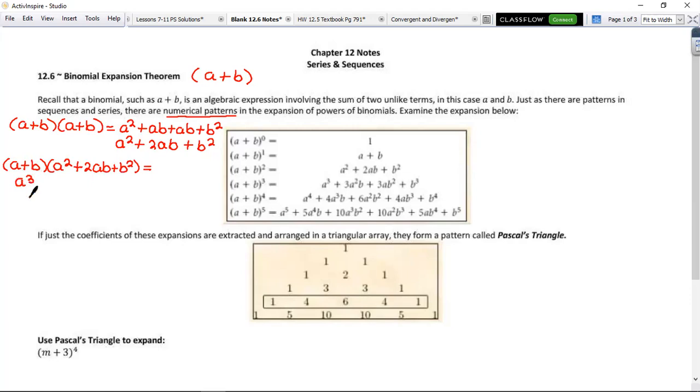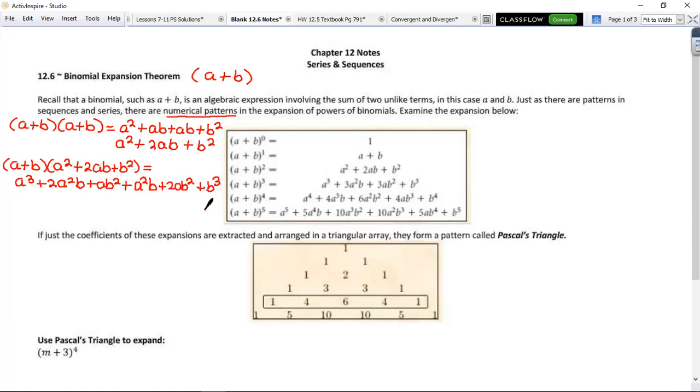And then a times 2ab would give me 2, and I like to write these alphabetically, a squared b. A times b squared would be ab squared. And then plus b times a squared. I recommend writing it as a squared b. B times 2ab would be 2ab squared. And lastly, b times b squared is b cubed.